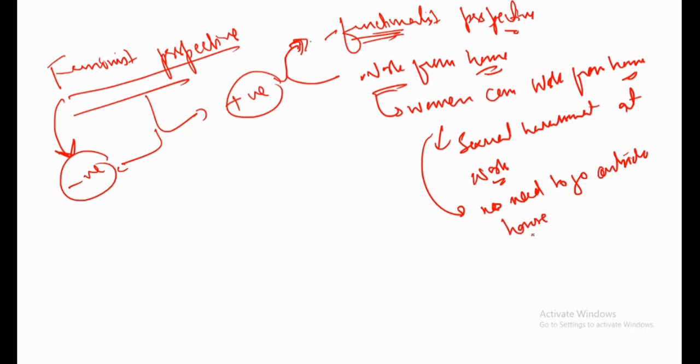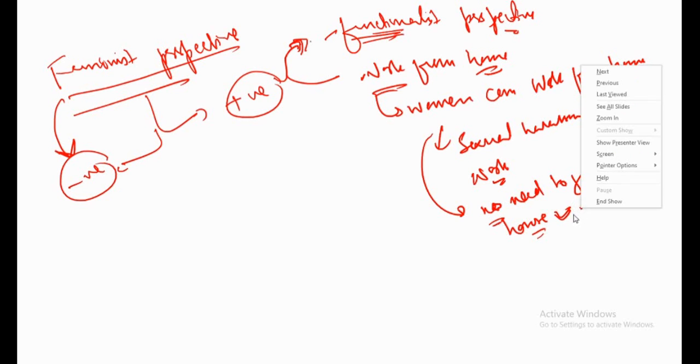So women of orthodox sects, like women in Islam, will not be forbidden because they can work at home. Earlier, they could not go outside their houses in orthodox families, and they were forbidden from work because they had to go outside.